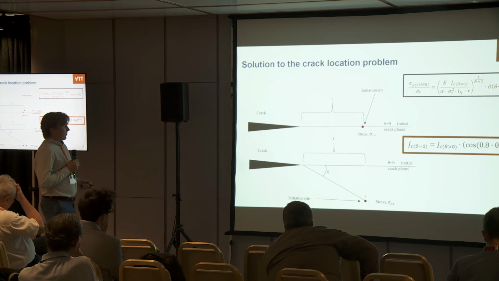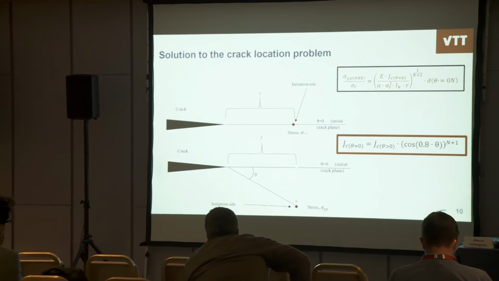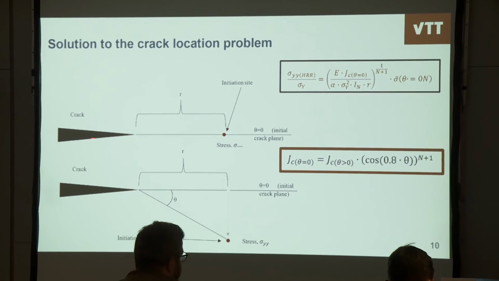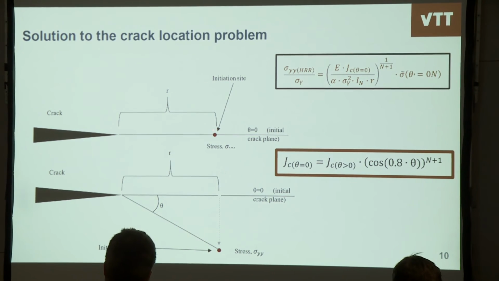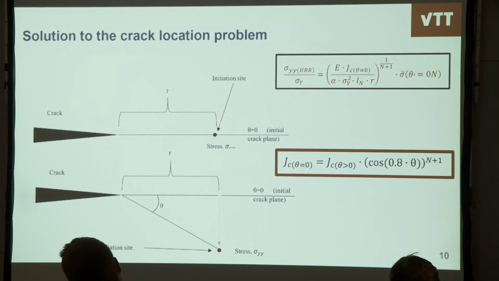Then we estimate that okay, that there's certain stress at which that initiates, and then if you have this condition with the crack on the same plane as the fusion boundary and with the same stress and distance, the initiation happens. Then by using this equation you can make them equivalent, and finally you will end up with this kind of equation to correct the fracture toughness.